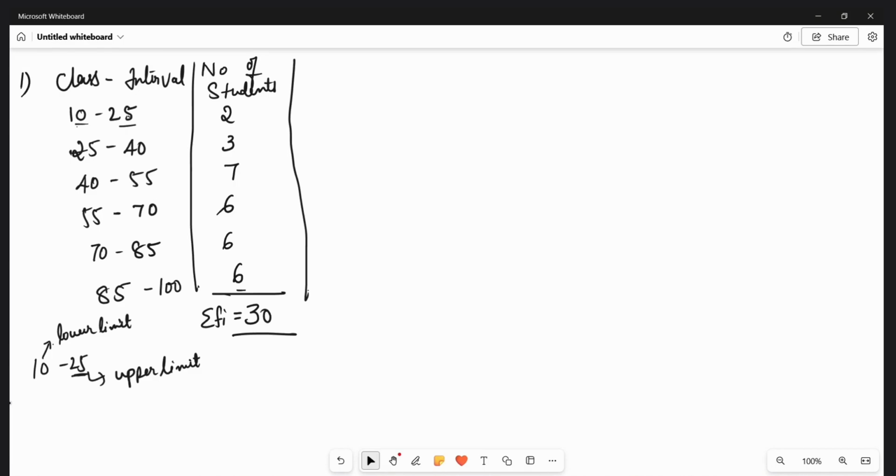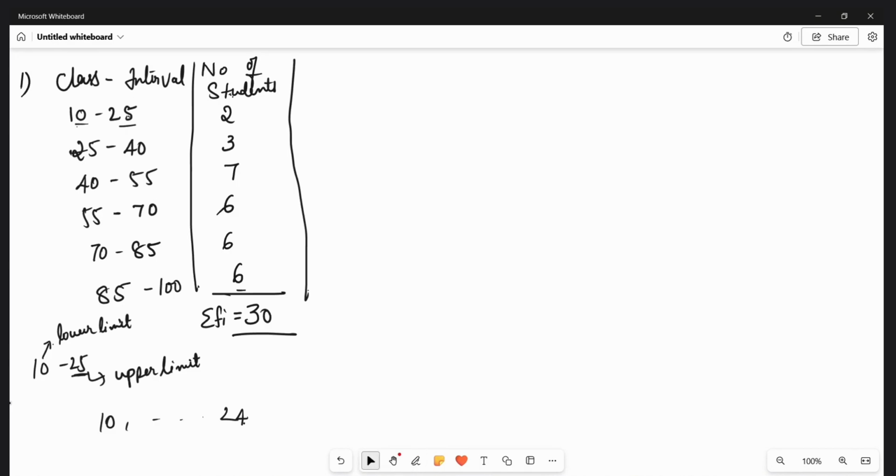Whenever it is a continuous class, numbers from 10 to 24, anything between them, we will count in the first class interval, whereas 25 we will count in the second class interval. That's how it works. So clear, right? This is a continuous class interval.